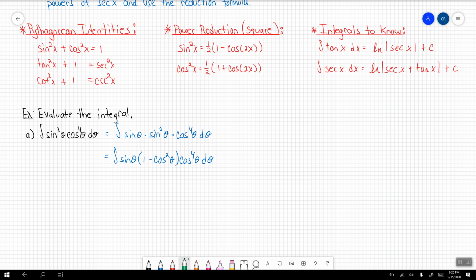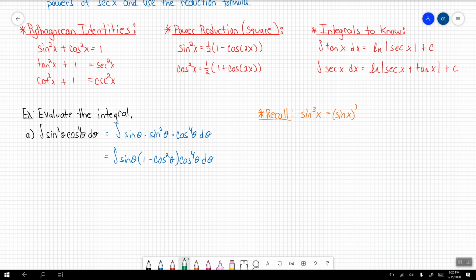Now, before we go into the substitution, I want you to recall that whenever we have some trigonometric function as, let's say, sine cubed of x, then this really means that we have sine of x to the power of 3. And again, this is just the notation that we use.